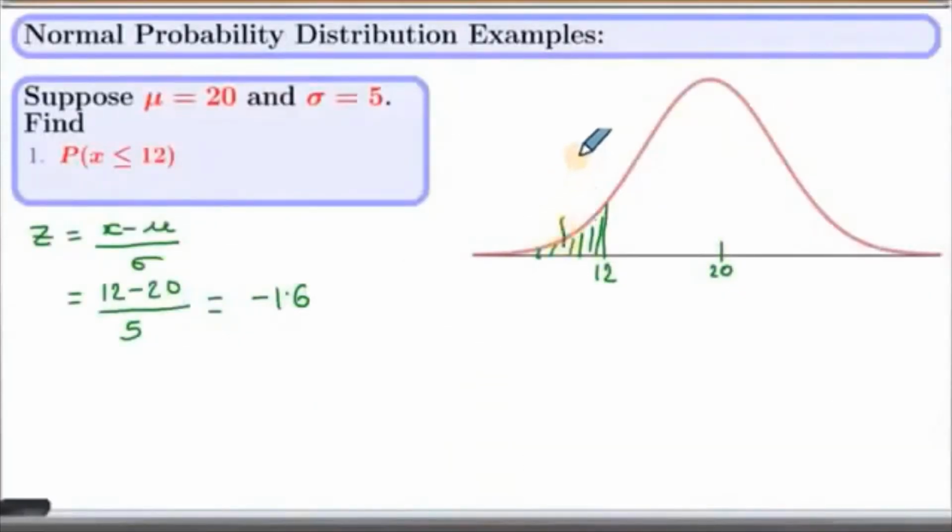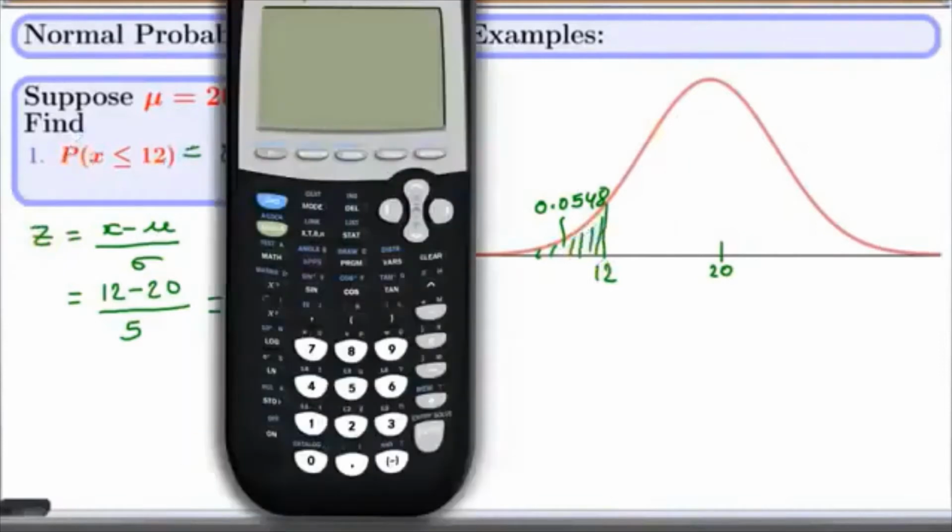So this area, which is found to be 0.0548. Now let me show you how to find this area or this probability using calculator.